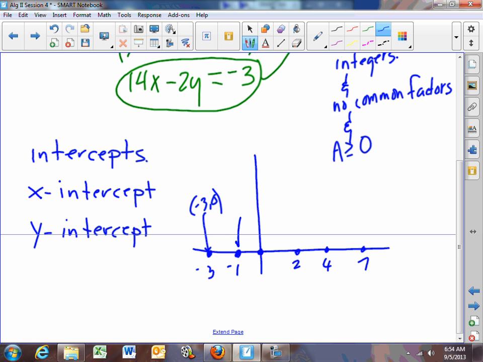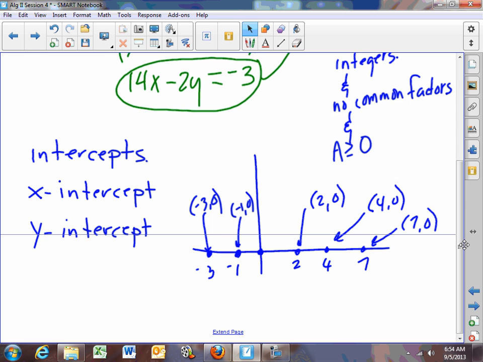This point has coordinates -1, 0. This point has coordinates 2, 0. This point has coordinates 4, 0. And this point has coordinates 7, 0. Oh, and this point has coordinates 0, 0.